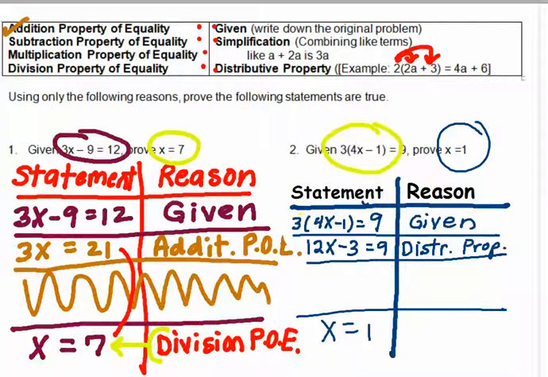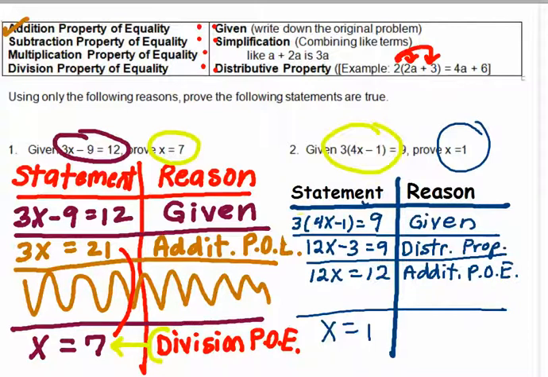Okay. All right. Now to go on the next line, I would add 3 to both sides. Now, by adding 3 to both sides, I use the addition property of equality right up here. This one. It goes with POE.